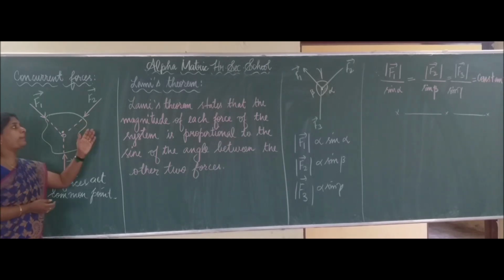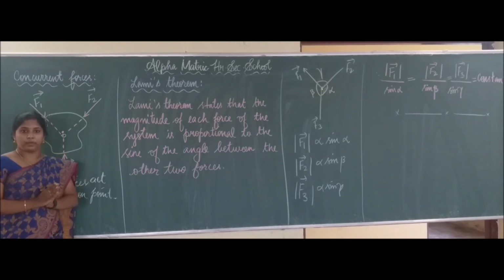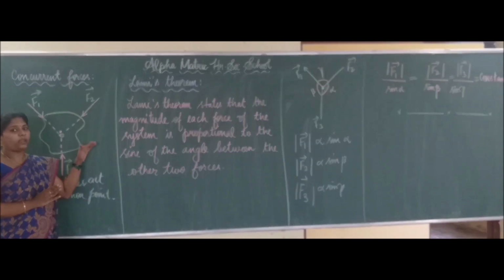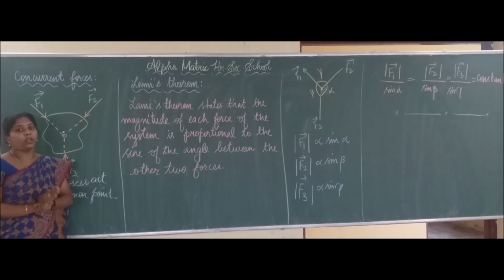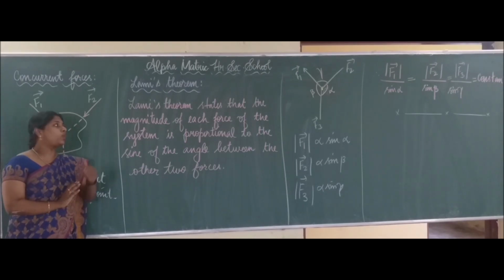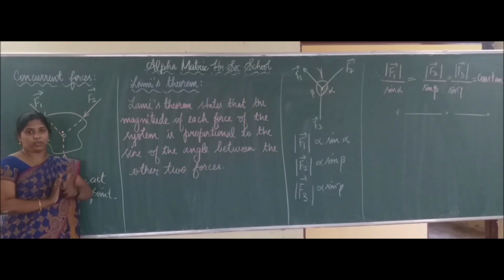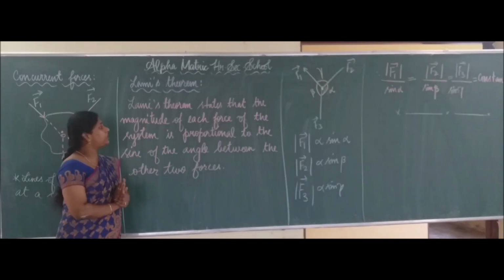The next topic is Lami's theorem. What do you mean by Lami's theorem? Listen, if a system of three concurrent and coplanar forces is in static equilibrium, at that time we can state Lami's theorem. Lami's theorem states that the magnitude of each force of the system is proportional to the sine of the angle between the other two.